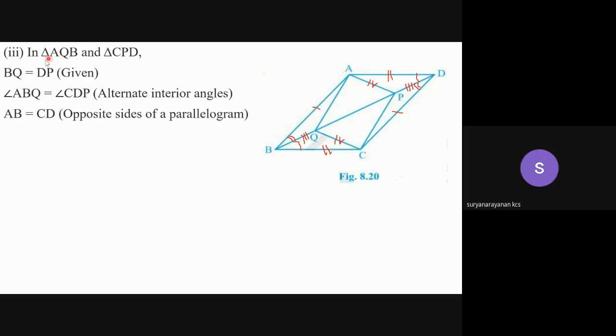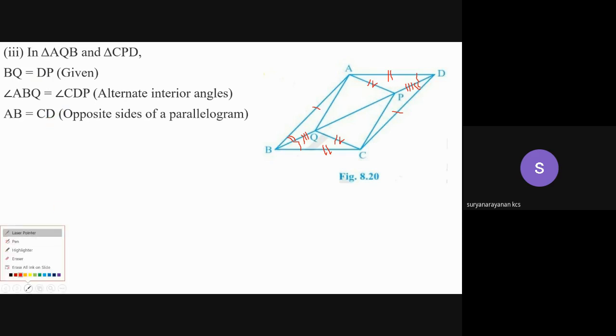In this first triangle, observe the LHS parts. Side, angle, side of the first triangle are equal to the corresponding side, angle, side of the second triangle.